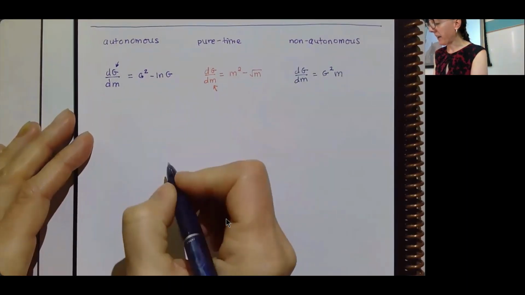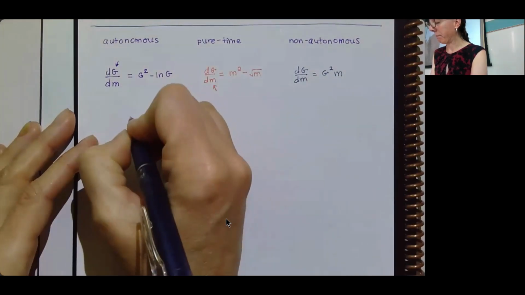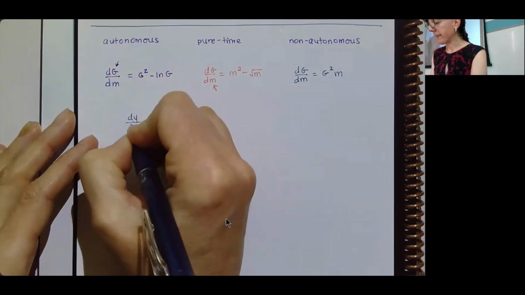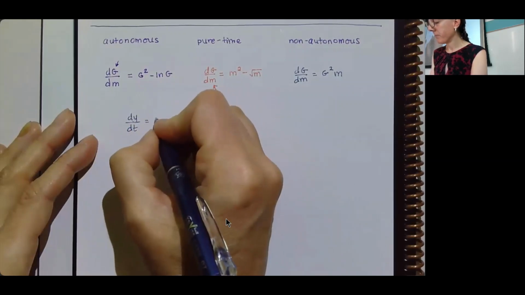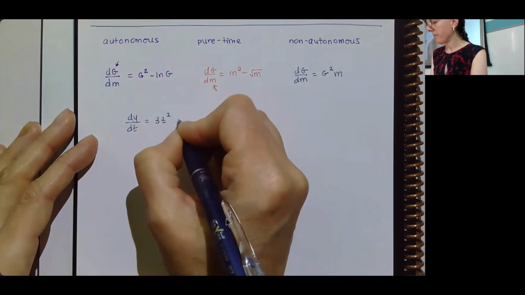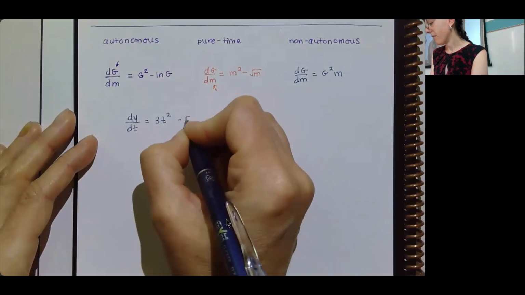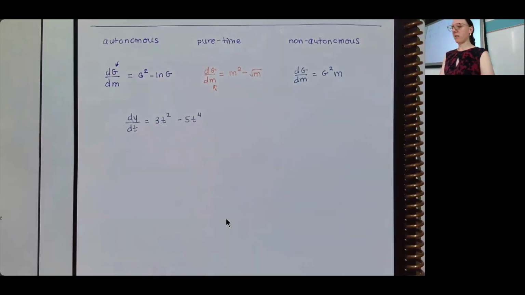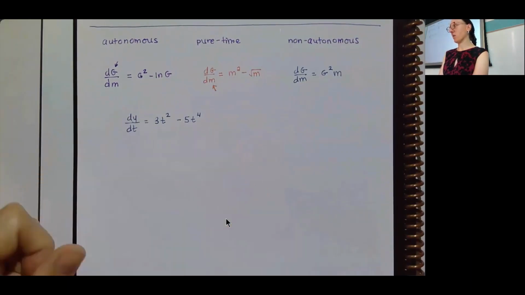So if I gave you the differential equation dy/dt equals 3t squared minus 5t to the fourth. This is a differential equation because it has a derivative and an equal sign.